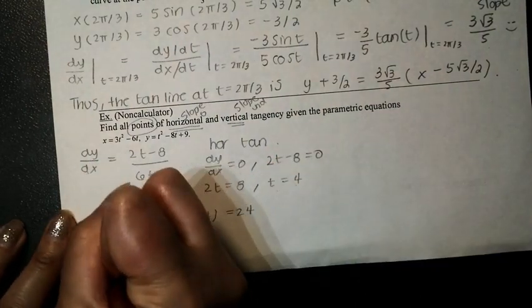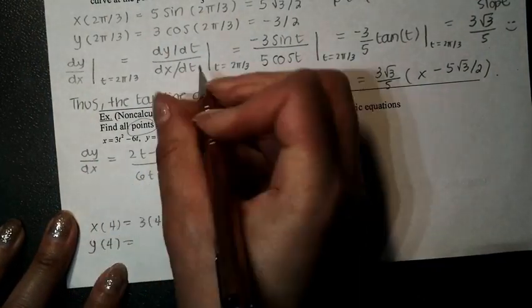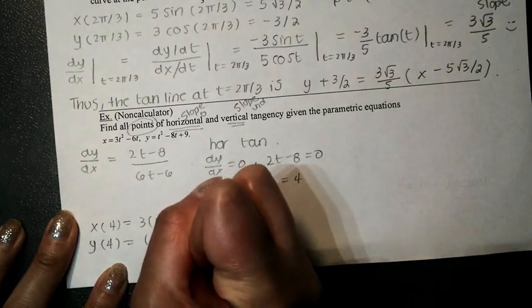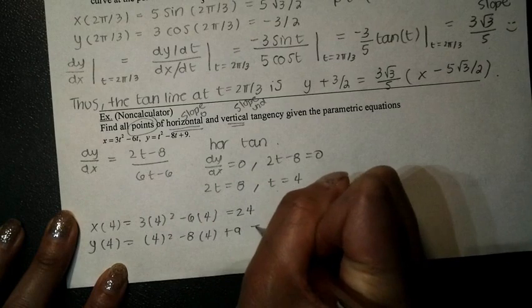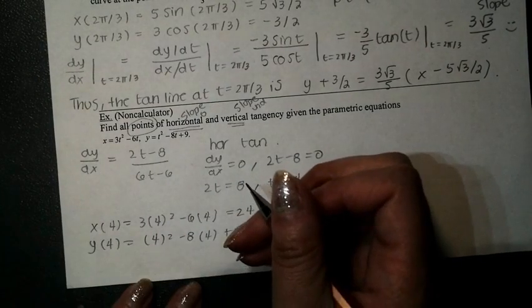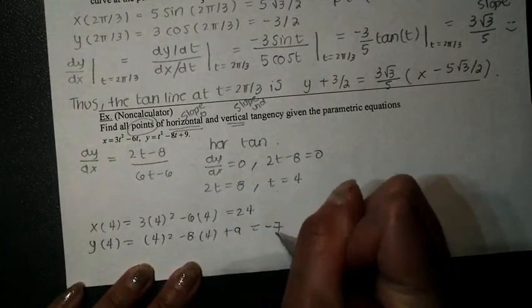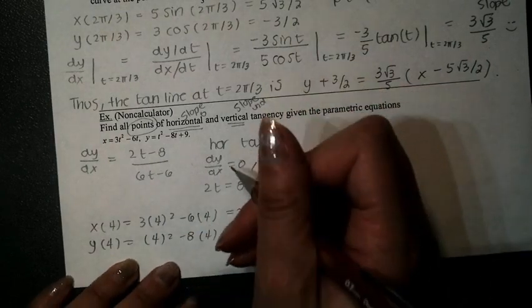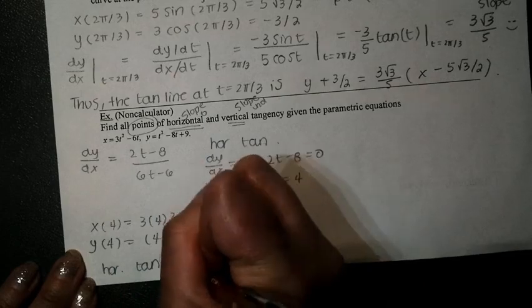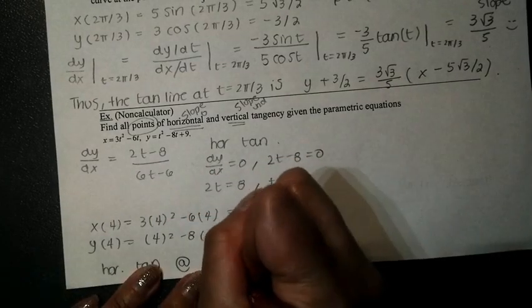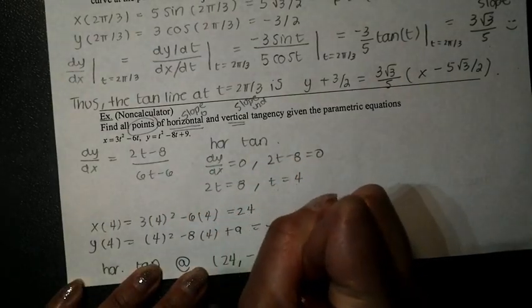Similarly, y of 4 is going to be 4 squared minus 8 times 4 plus 9, and this is going to be equal to negative 7. So for horizontal tangency, the point is going to be (24, -7).